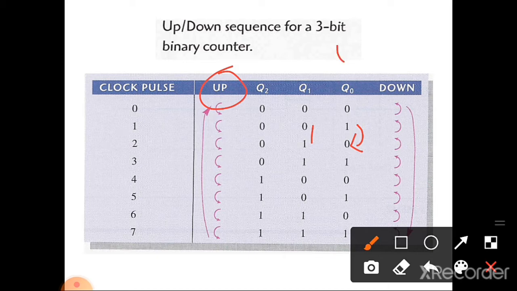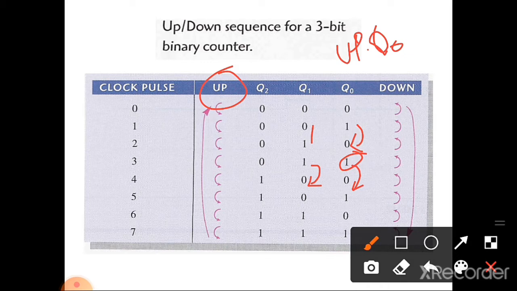So for an upward counter, when Q0 is equal to 1, Q1 will toggle on the next clock pulse. Whenever Q0 becomes 1, Q1 will be toggled next.